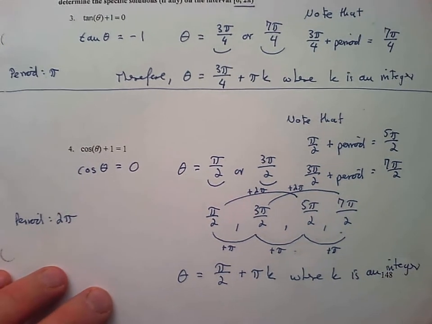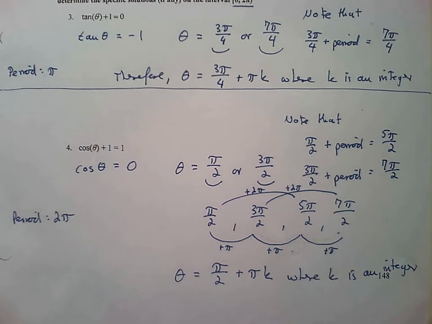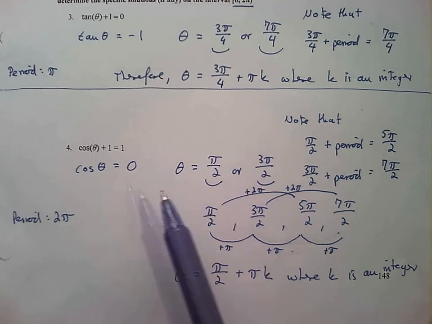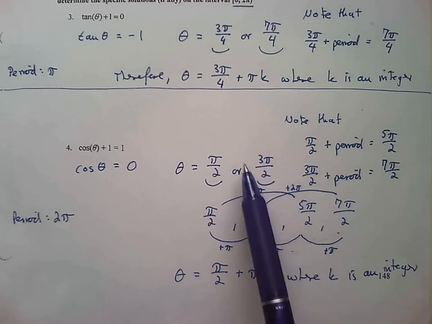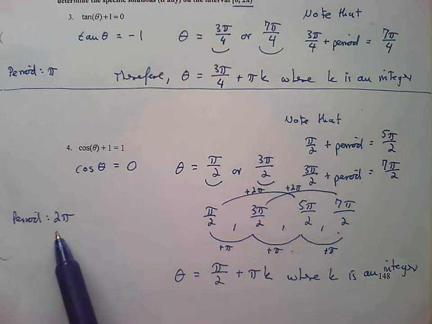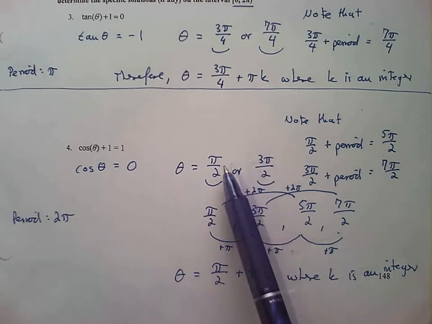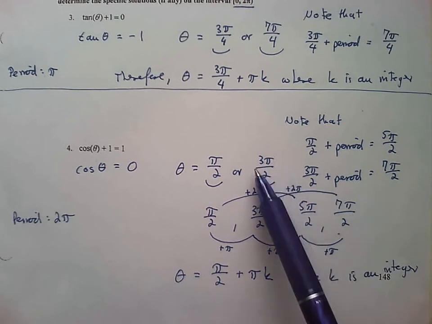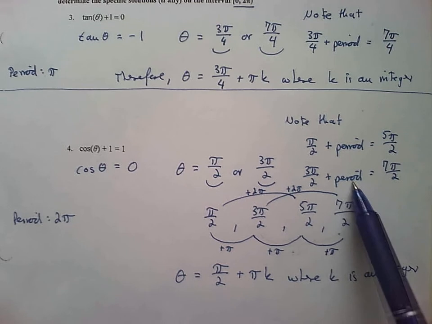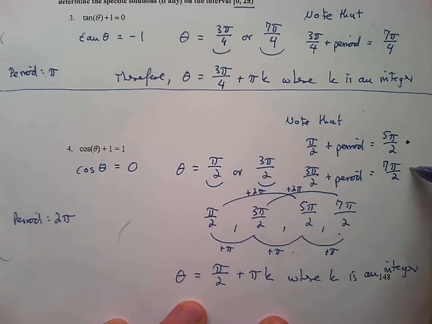So let me go through this one more time, because it's a little bit different than in number 3. But we found out here that cosine of theta is equal to 0 whenever theta is equal to pi over 2 or 3 pi over 2. Our period is 2 pi, so we should be able to take pi over 2 and add our period to it, and take 3 pi over 2 and add our period to it, and then also end up with solutions, which are 5 pi over 2 and 7 pi over 2.